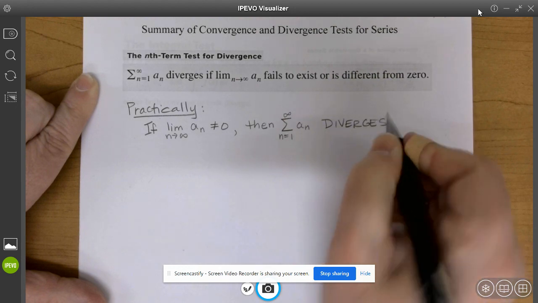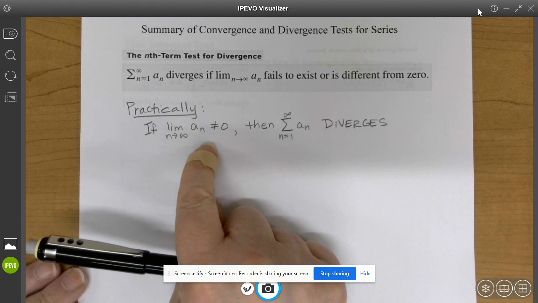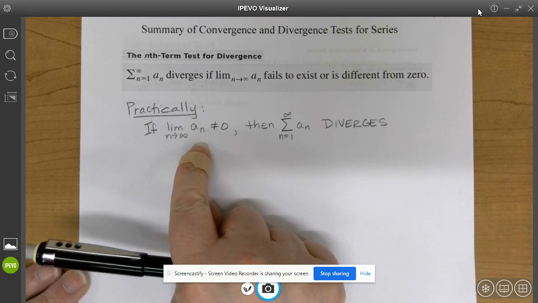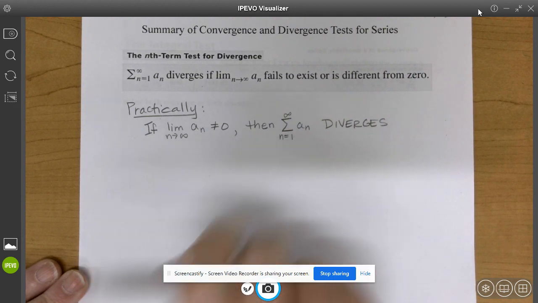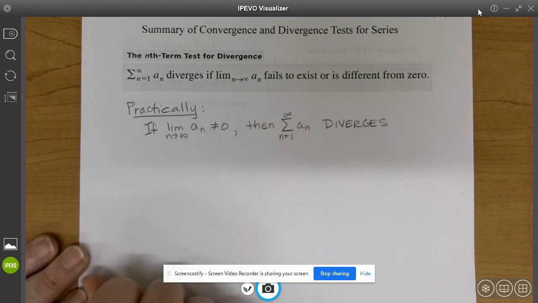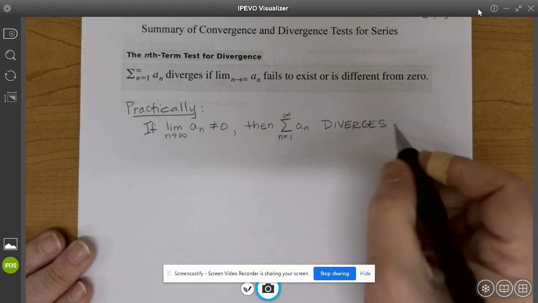So it's saying that your nth term has to not be 0 when you take the limit as n goes to infinity, and then your series will diverge. But does this theorem say anything about convergence? Well, the answer is no.